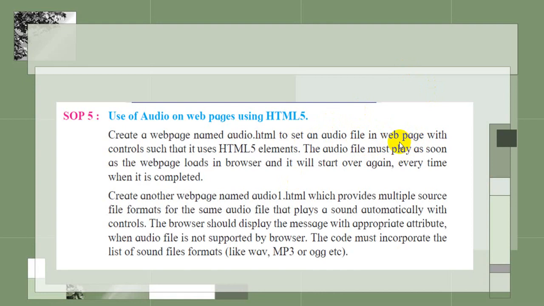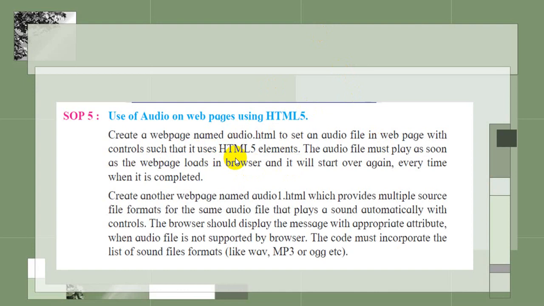What is meant by controls? In our previous lecture we have seen that controls is nothing but the control panel of the audio player, in which you can pause or start the player, you can increase or reduce the size, there is a volume, and you can fast forward, or you can have a seek bar.